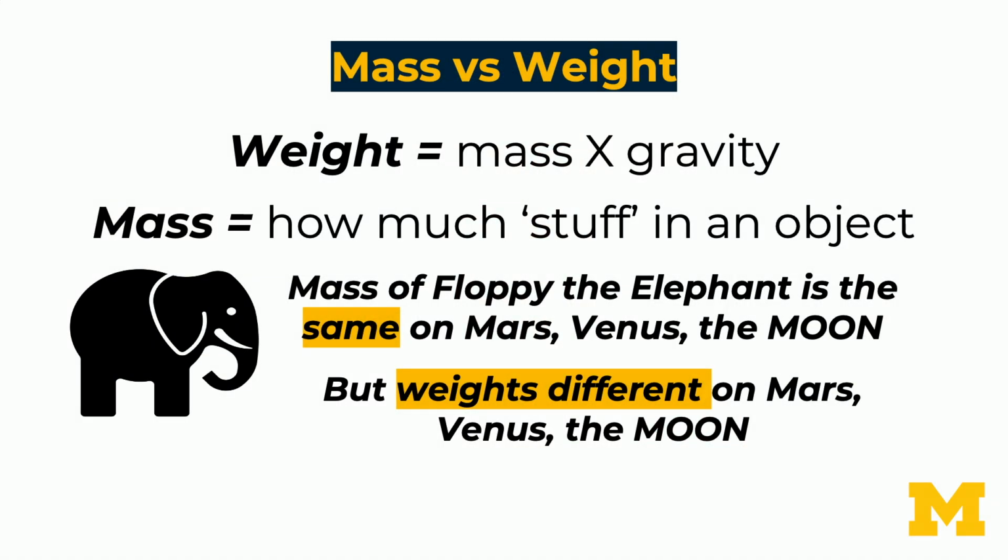But the elephant's weight changes dramatically. He weighs significantly less on the moon and Mars because the gravity there is significantly lower. Venus is pretty similar to Earth, so Floppy would weigh about the same on Venus as on Earth. But mass is exactly the same on all of those different bodies.